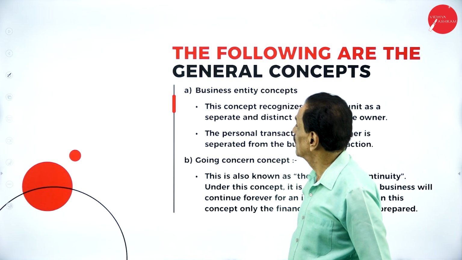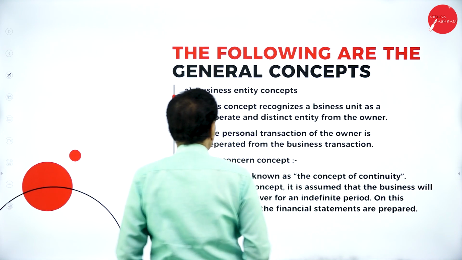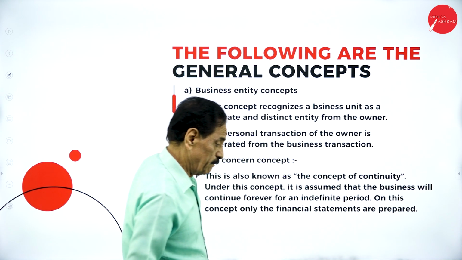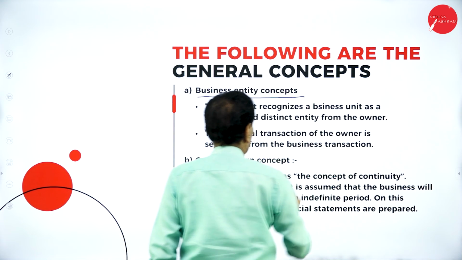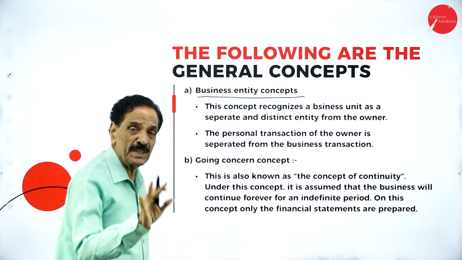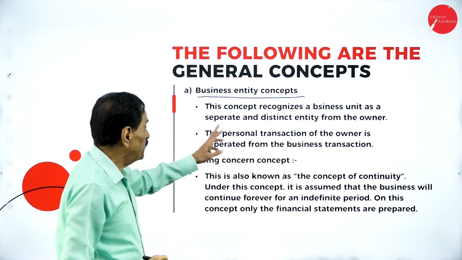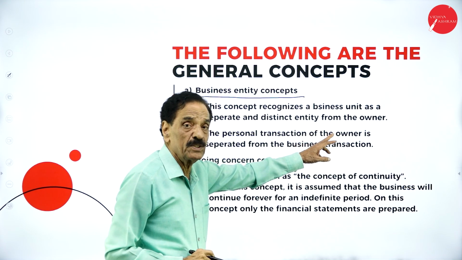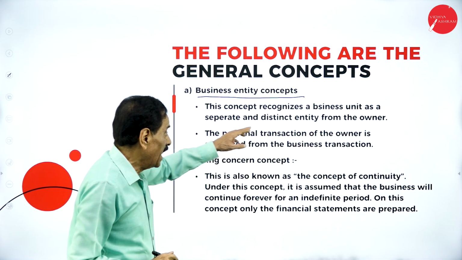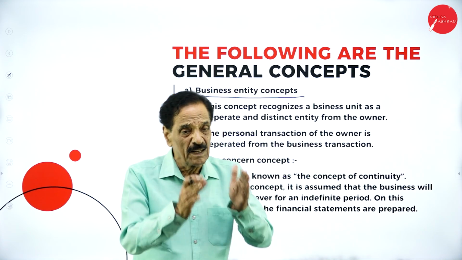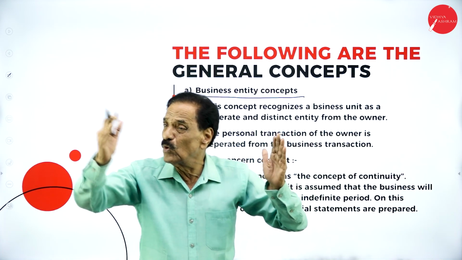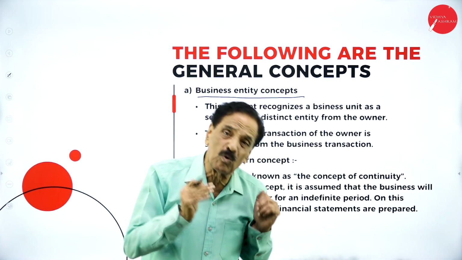Then move on. The following are the general concepts, and we'll follow them one by one. First concept, business entity concept. This concept recognizes the business unit as a separate and distinct entity from the owner. So here they say that business is separate and owner is separate, though the business belongs to the owner only.